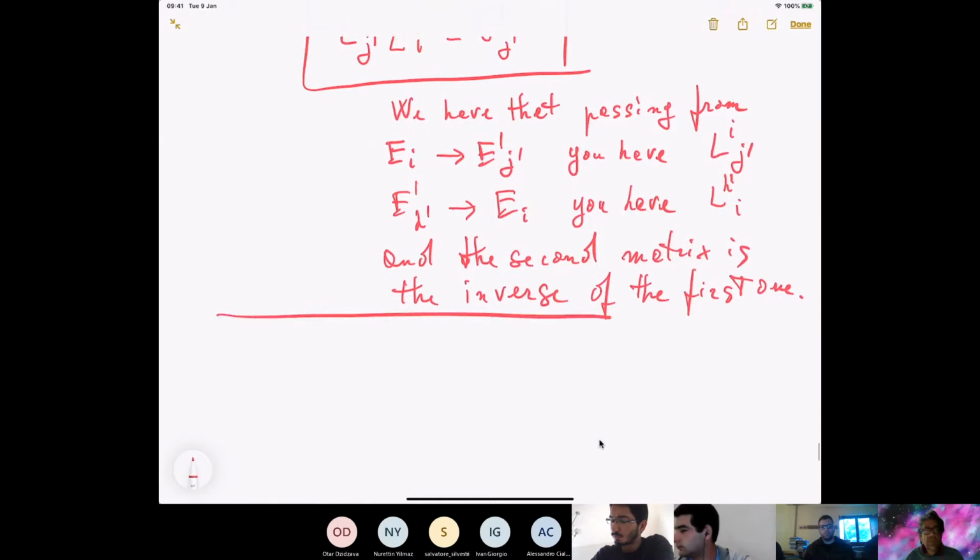Okay. Okay, so we have established how transforming bases.